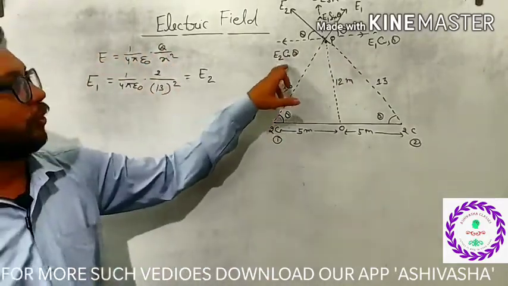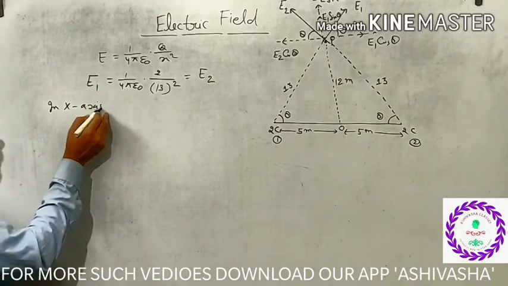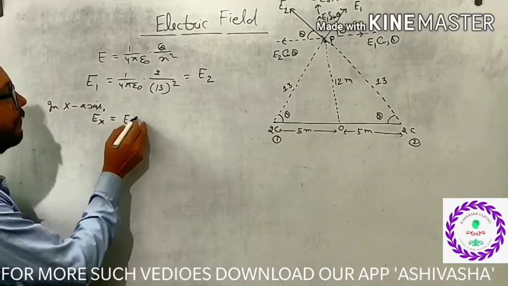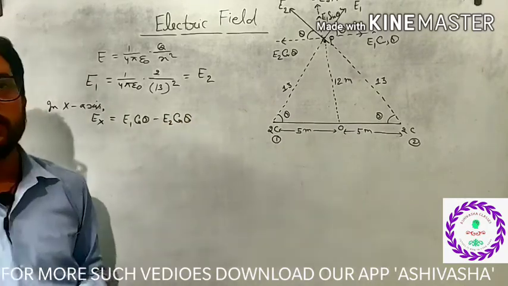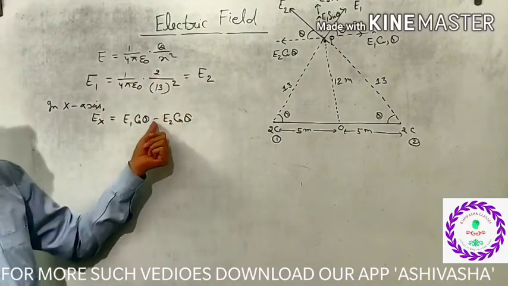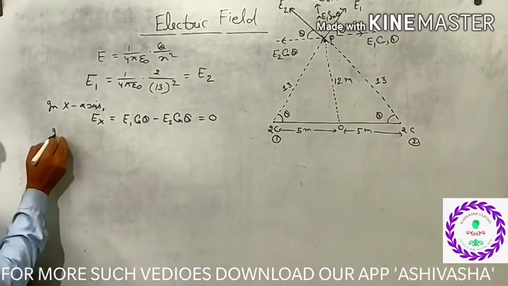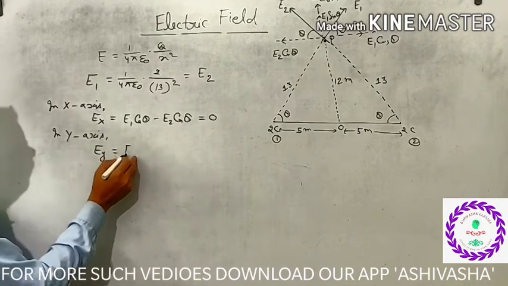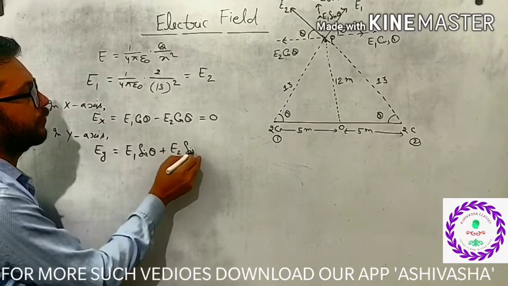Now in the x axis, we have Ex, and that is E1 cos theta minus E2 cos theta. Cos theta is the same, and E1 and E2 are the same in magnitude and they are subtracted, so the answer will be 0. Now in the y axis, Ey equals E1 sin theta plus E2 sin theta.